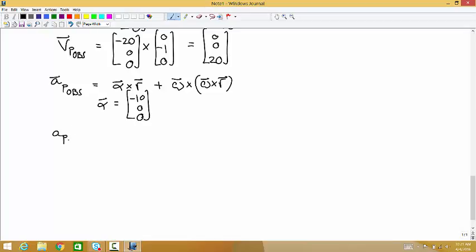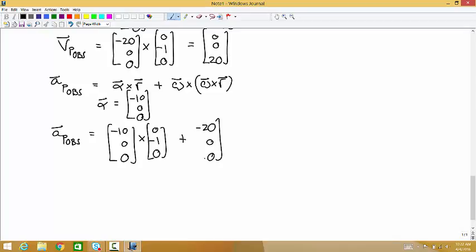And so acceleration of p observed is negative 10, 0, 0, crossed with 0, negative 1, 0, plus the angular velocity, negative 20, 0, 0, crossed with the quantity, negative 20, 0, 0, cross 0, negative 1, 0.